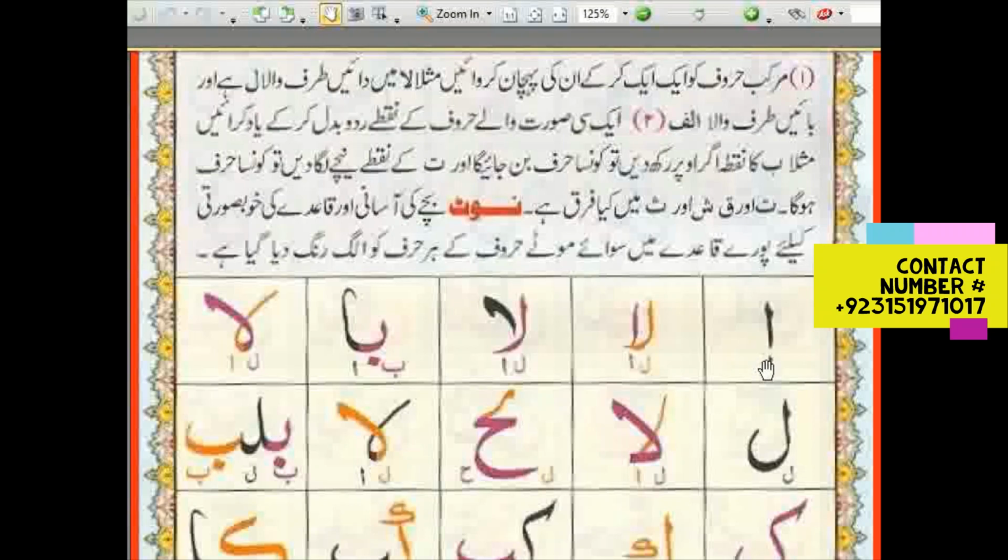Alif, lam, alif. The yellow one is lam and the purple one is alif. Lam, alif.